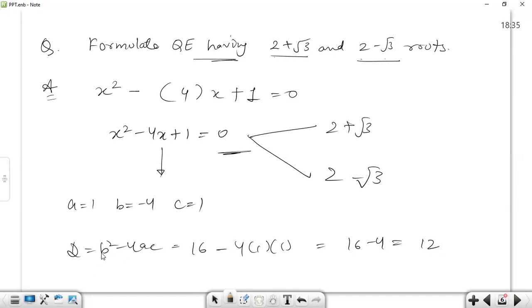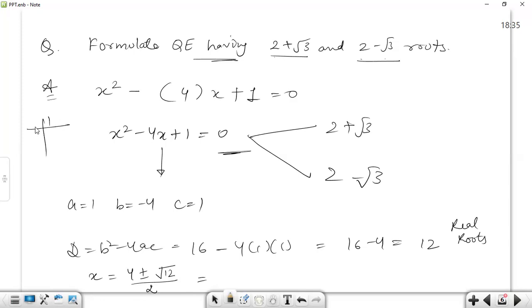So the discriminant is 12, which is positive here, so the roots will be real. Now we go on to find the roots: minus b, that is 4, plus minus square root of D, 12, upon 2a. Finding the square root of 12 is not possible because it's not a perfect square.